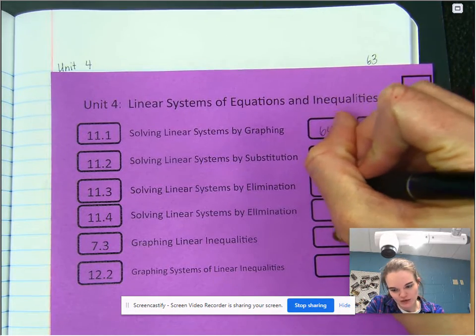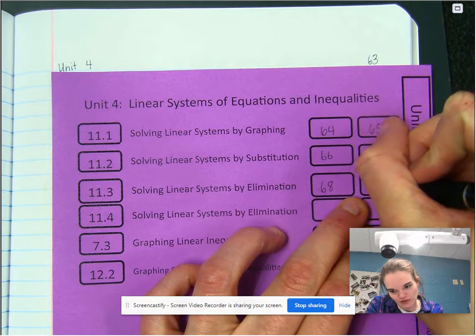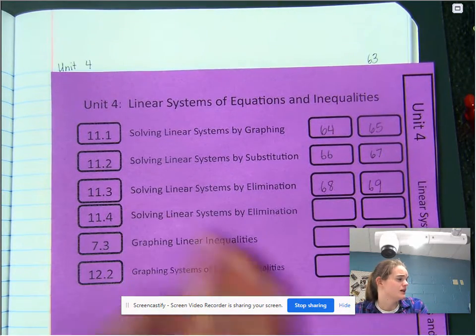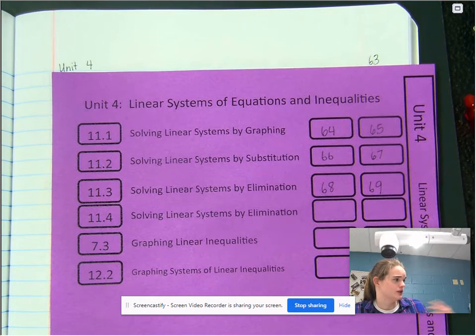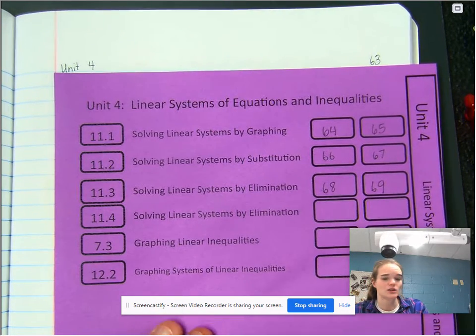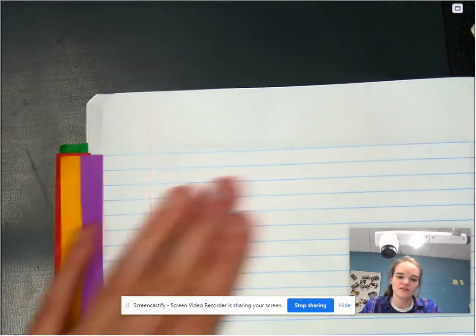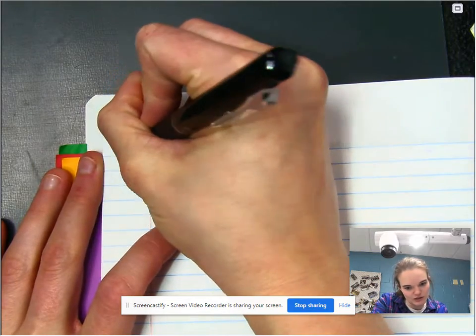So today and in the next video, we're working on pages 68 and 69 in your notebook. So go ahead and label 68 and 69 11.3, solving linear systems by elimination. Okay, so I'm going to turn to 68 and 69. We will be doing 68 today, 69 in the next video.